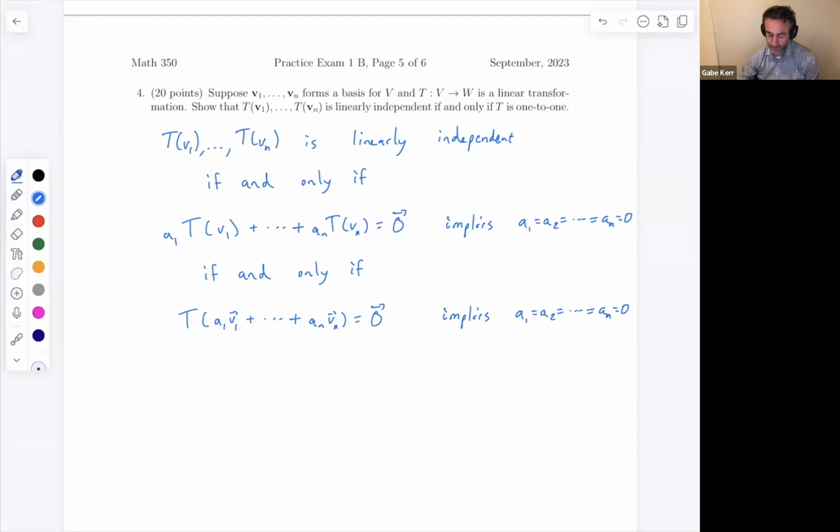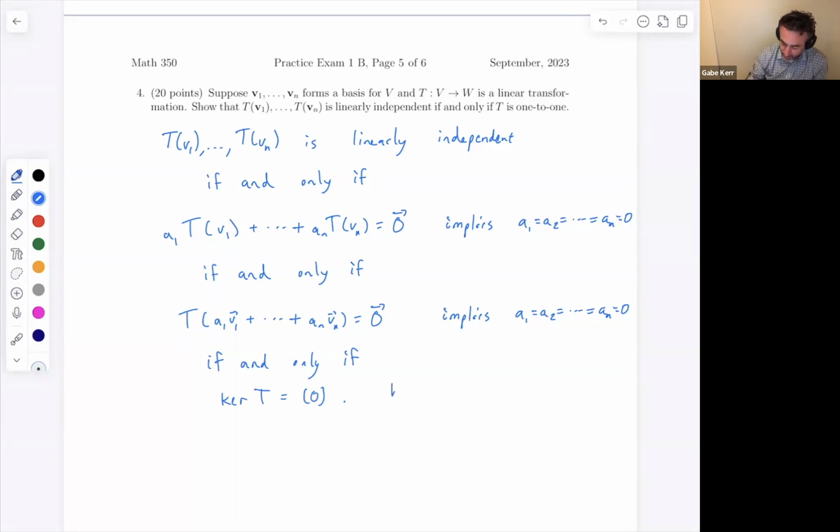So that just makes this the same. But that's saying, if and only if, I'm going to say this and then explain, the kernel of T equals 0.